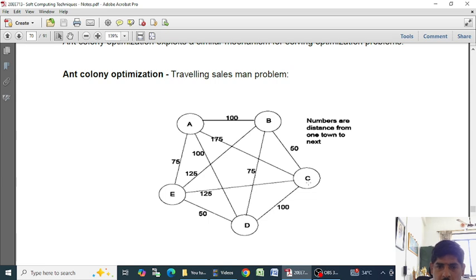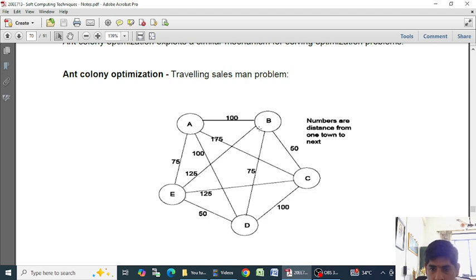So in this salesman problem, they have to identify which path is the shortest. Here we have 75, 100, 175, which are kilometers. Moving directly from A to C, the distance is 175 kilometers.